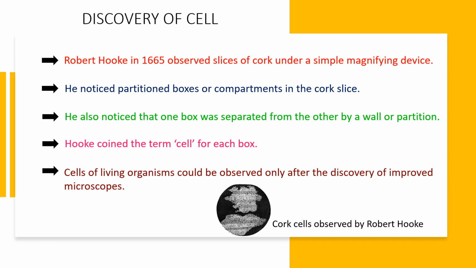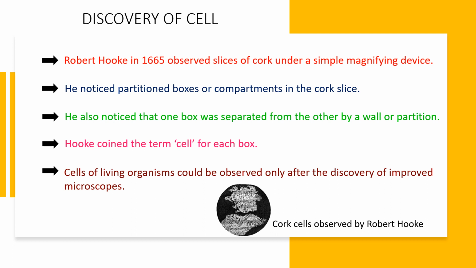He also noticed that one box was separated from the other by a wall or partition, because to be separated, it can be a wall or it can be anything that partitioned these boxes.